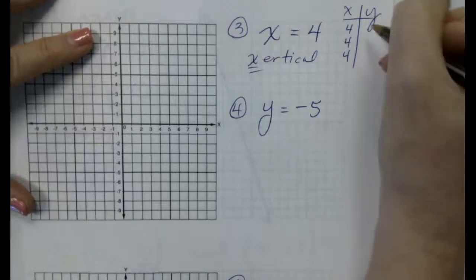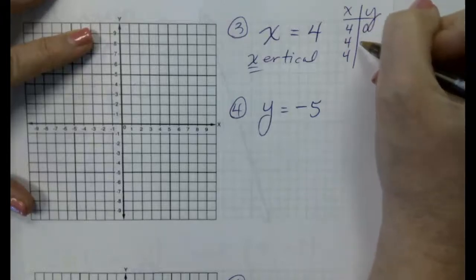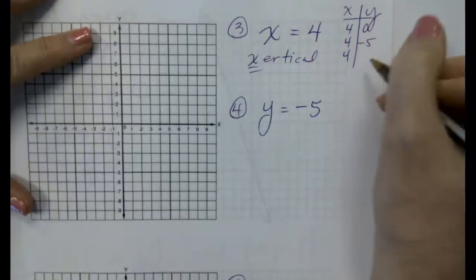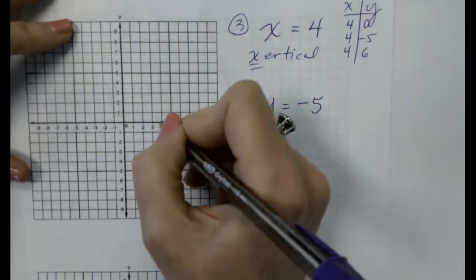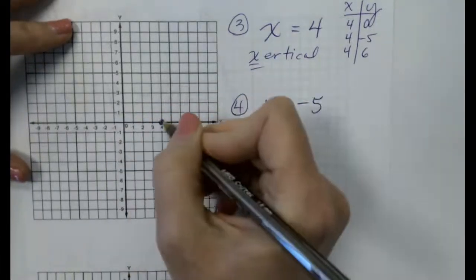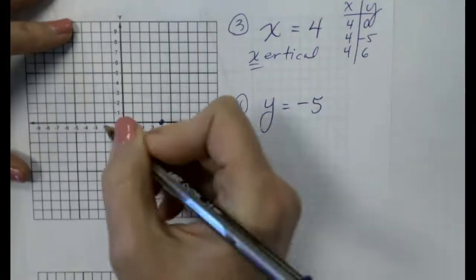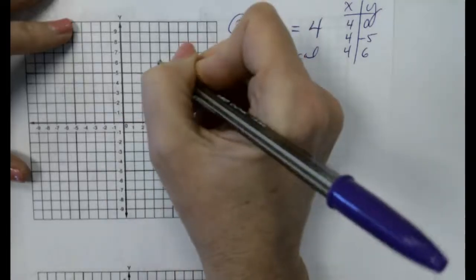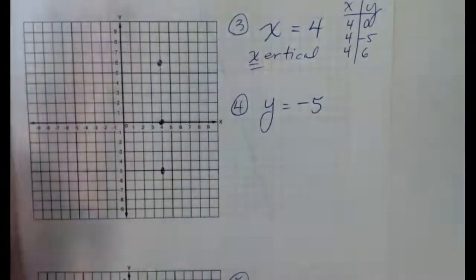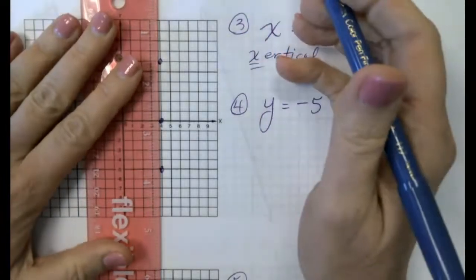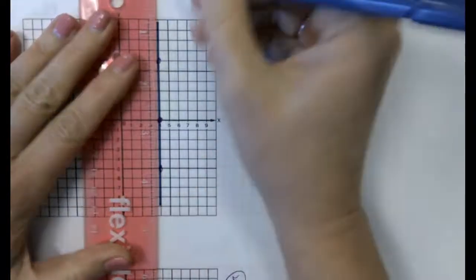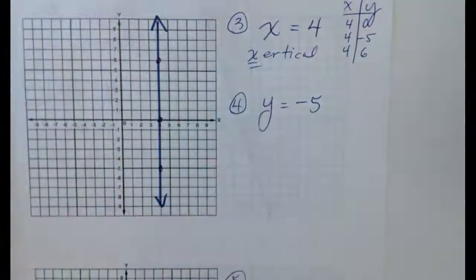But y can be anything. It can be 0. It can be a negative number like -5. It can be a positive number like 6. If we plot those points over 4 up 0, over 4 down 5, over 4 up 6, we have a vertical line. I'll draw it in blue. We have a vertical line 4 units over from the y-axis.